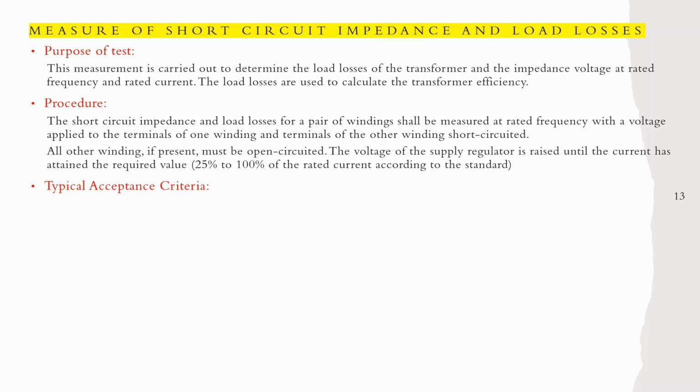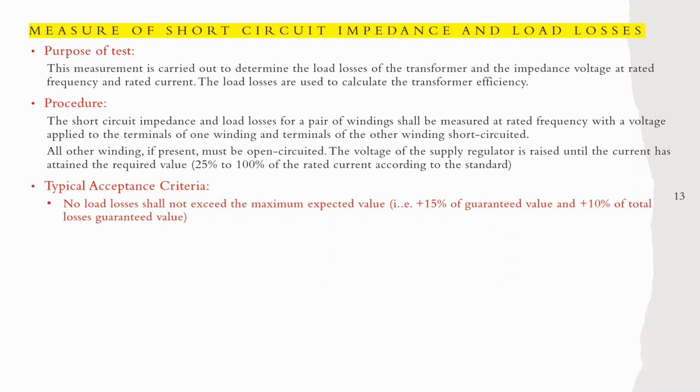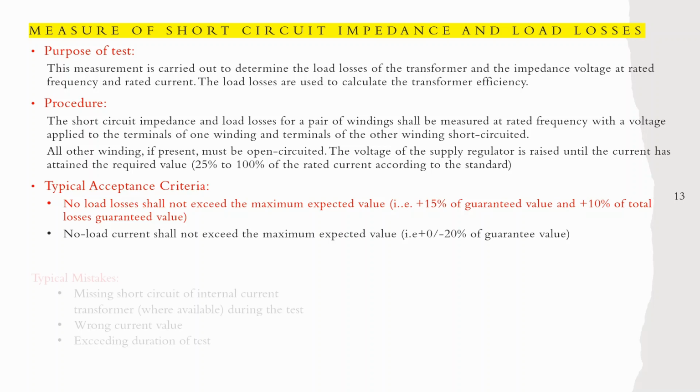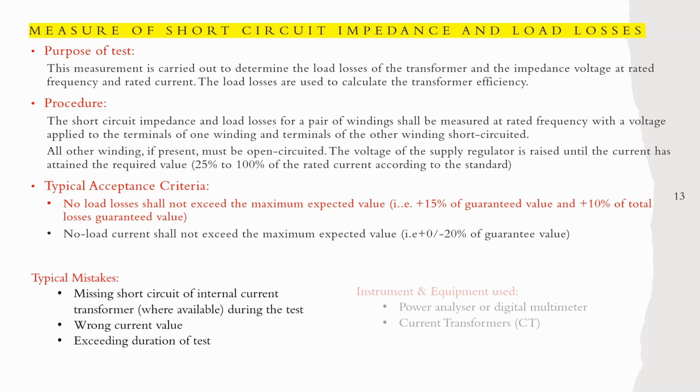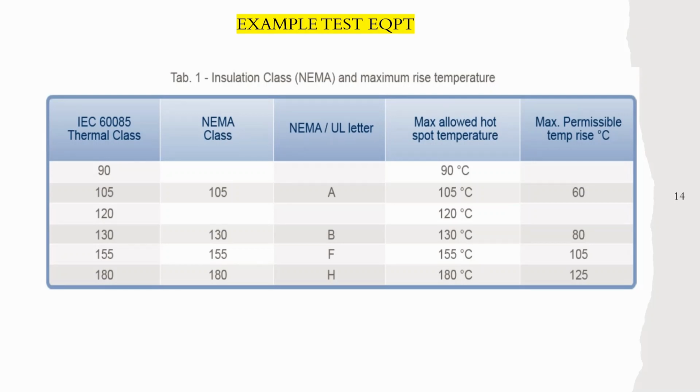The typical criteria: increase of positive 15%, then plus 10% of the total losses guaranteed value, and here the no load current is negative 20%. Of course, our typical mistakes and the instrument equipment to be used. So this is an example test result.